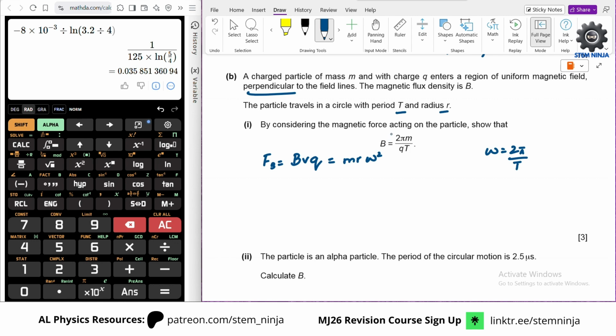Okay, alright. Charge q, mass m, B is this, but we do not know anything about it. Right, okay. I think we can figure this out also.